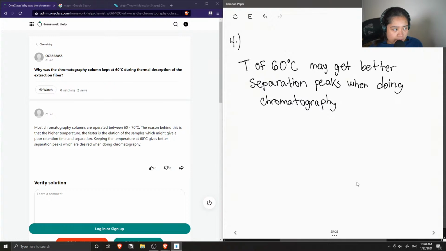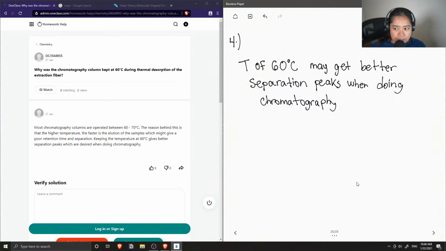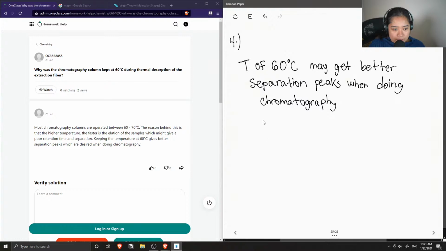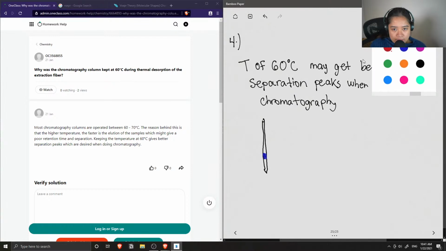So the point of chromatography is you kind of start off with a mixture of different analytes, and then when we put it through this column, it'll separate into its different components, and there are different factors that can separate into different components, like differences in polarity or differences in size even. So then you end up getting all your separate species, and you can kind of see where they get separated.